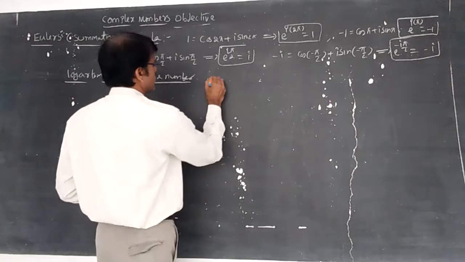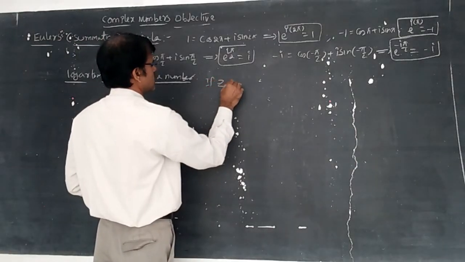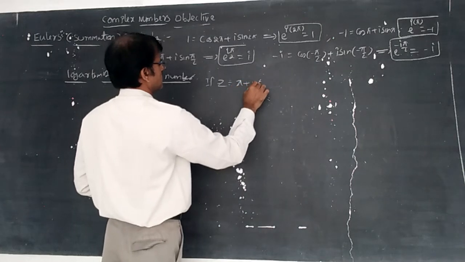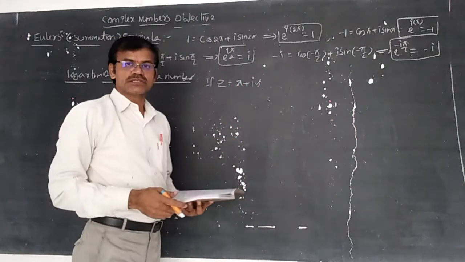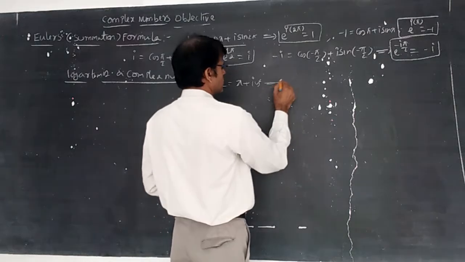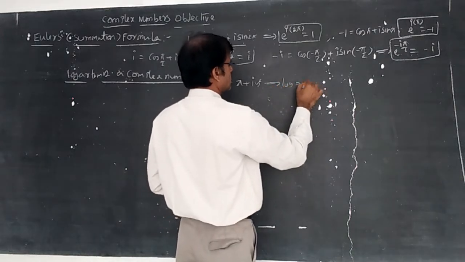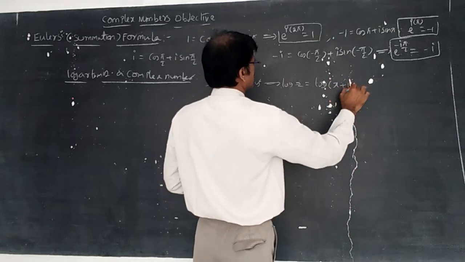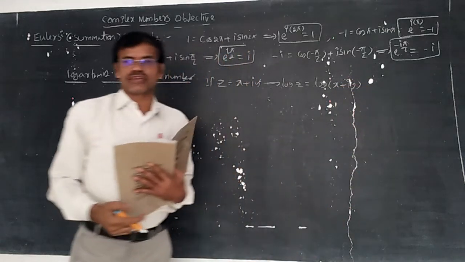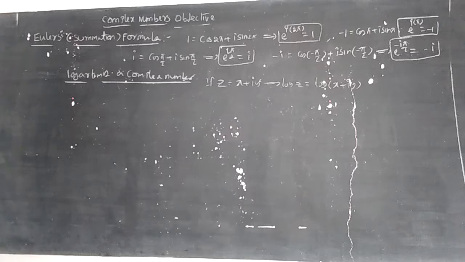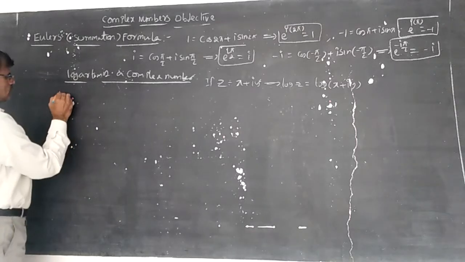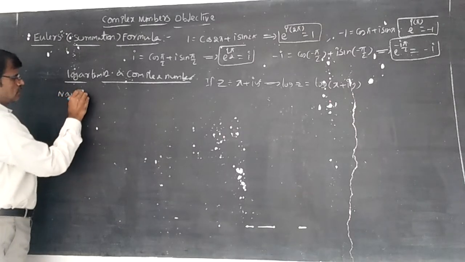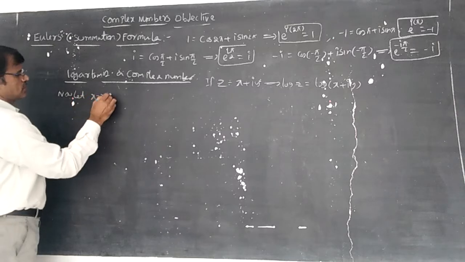If z is equal to x plus iy, that implies if we apply logarithm on both sides of this complex number, we can write log z is equal to log of x plus iy. Okay, now let x is equal to r cos theta.